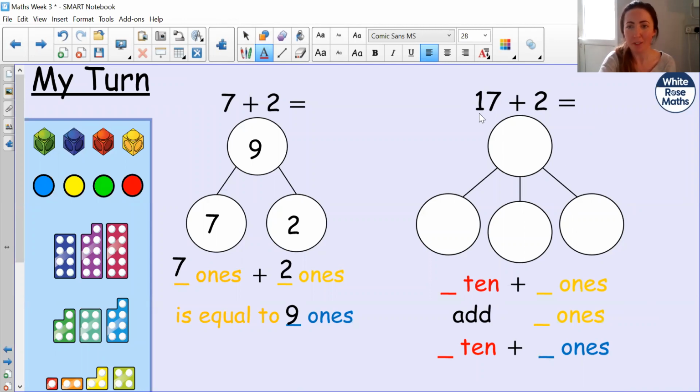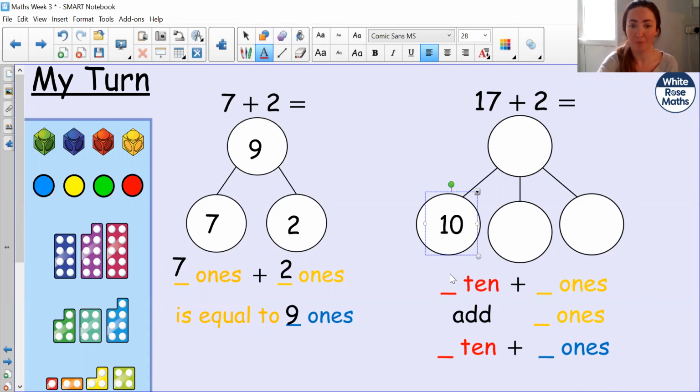We only have 2 numbers, 17 and 2. What's a simple way to break down 17 into 2 parts? Of course, into 10s and 1s. So how many 10s are in 17? 1 10, exactly.